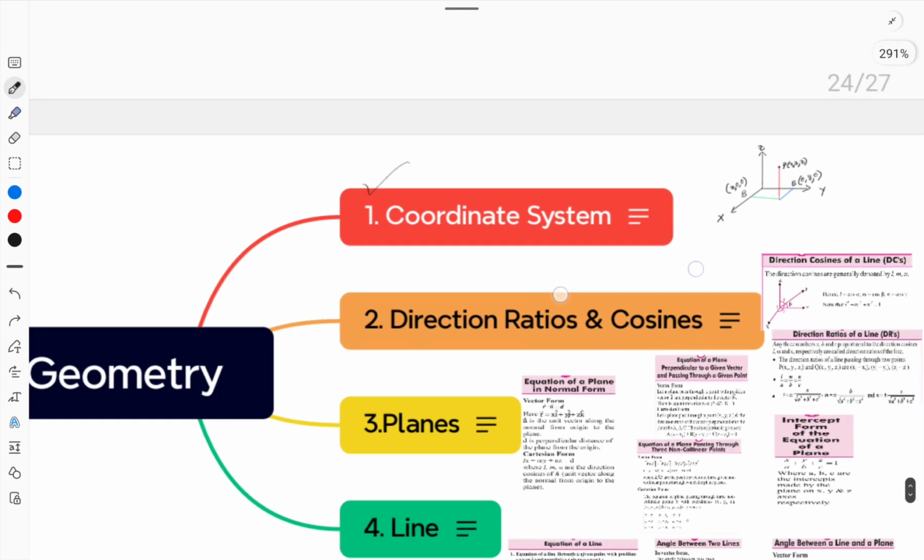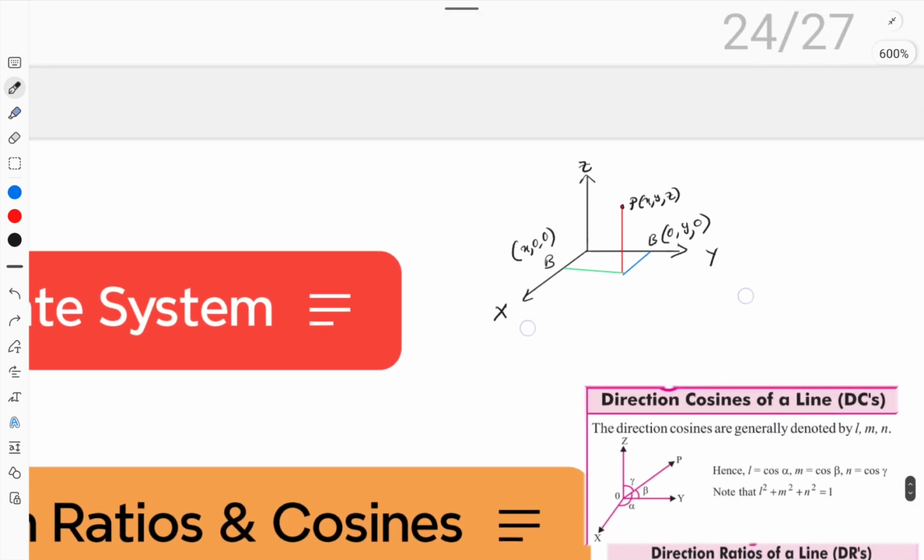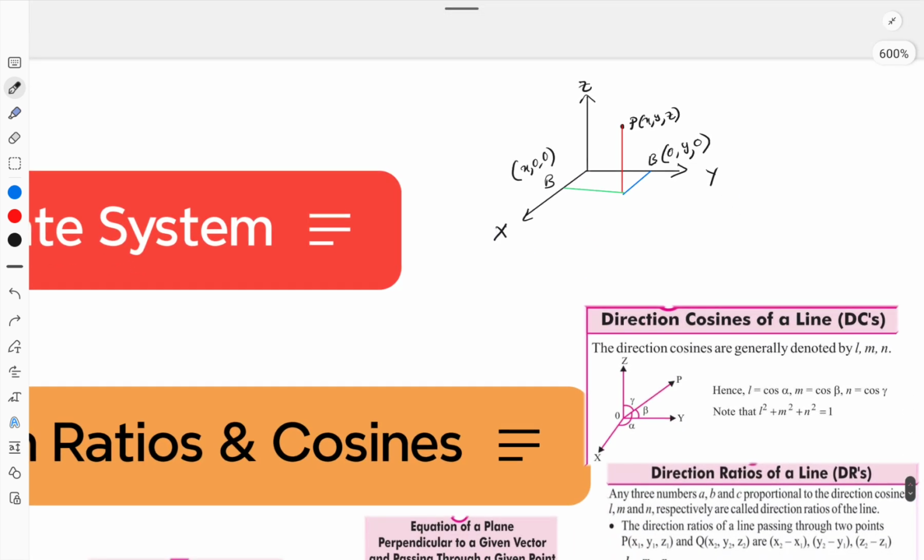Let's look into the coordinate system. Here we take reference of 3 mutually perpendicular lines, the x-axis, y-axis and z-axis. These 3 mutually perpendicular lines divide the space into 8 equal parts. We call them octants. Any point P in space can be expressed as an ordered triplet (x, y, z), called the x coordinate, y coordinate and z coordinate.